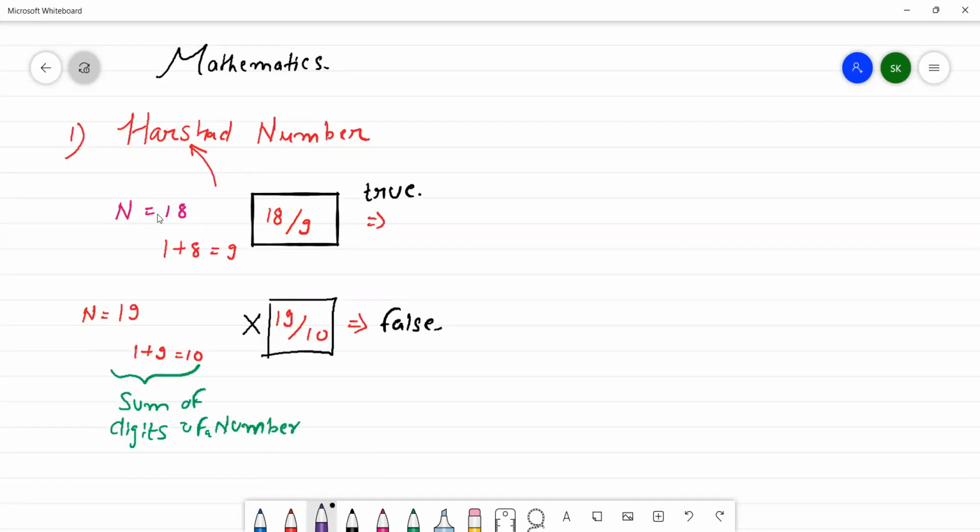Like 18 is the number, so the sum of its digits will be 9 and 9 completely divides 18. So it is a Harshad number. Talking about 19, the sum of digits will be 10, and 19 is not completely divisible by 10, hence it is not a Harshad number. Clear?